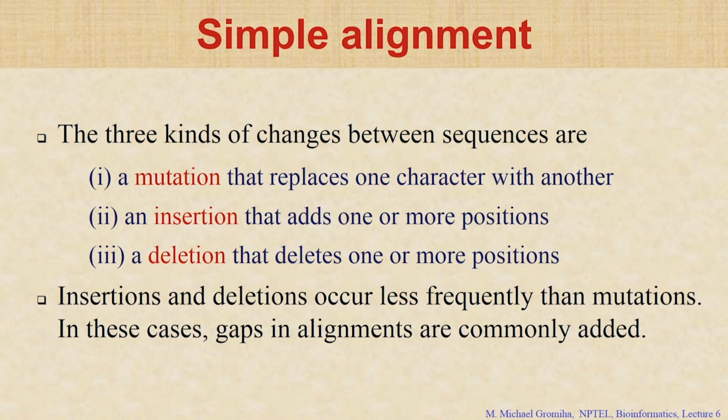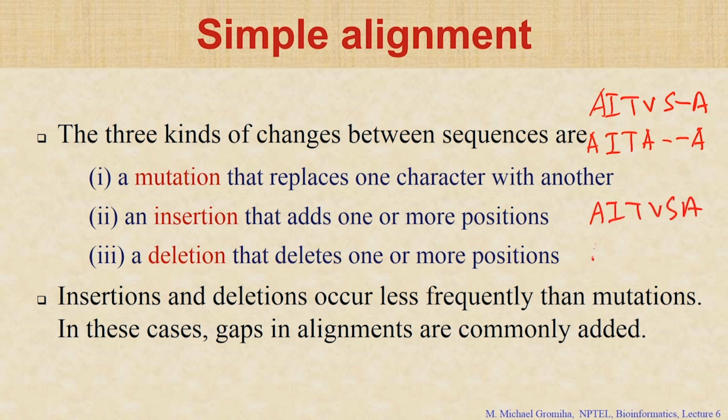So, I will show, if you have different sequences, for example, you put 2 sequences, and you put another sequence here. For example, if you have this one, AIT VSA, and AIT AA.